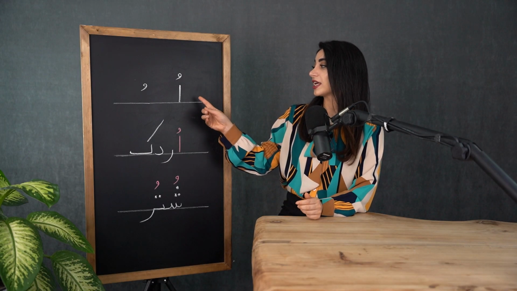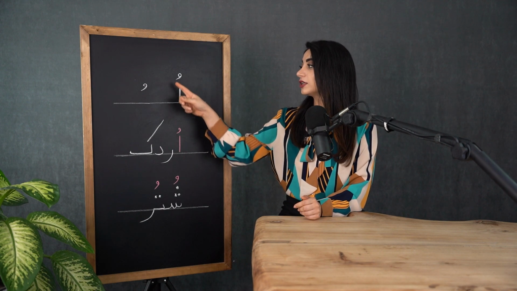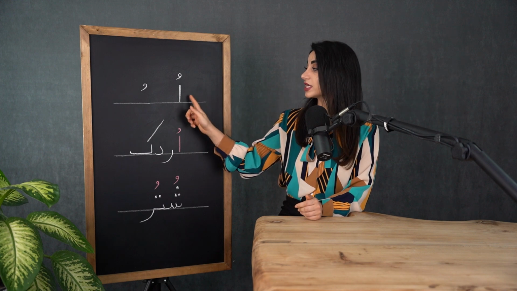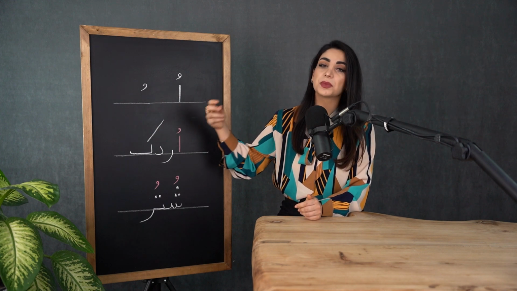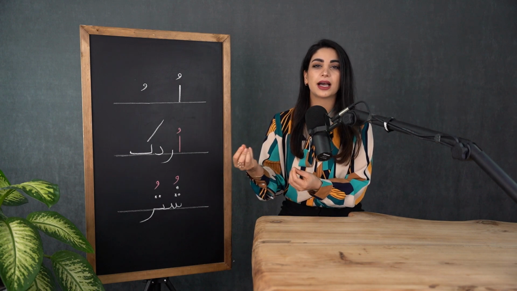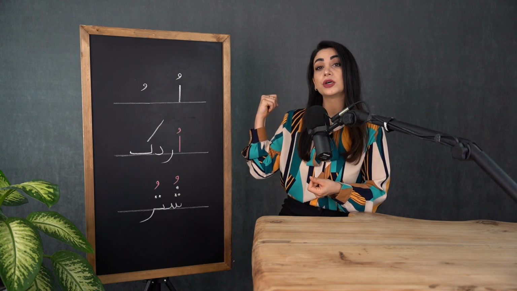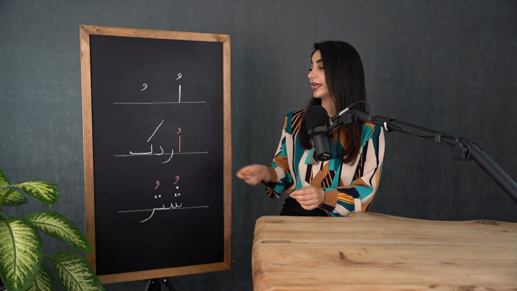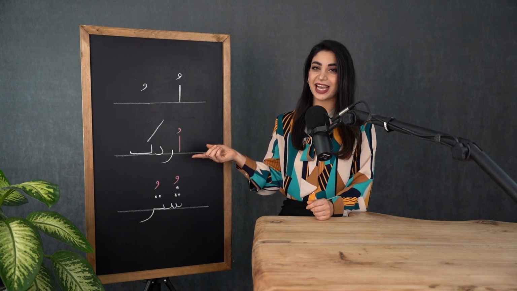For next session, just like before, in one page, one line for this one, write down this one, and another line, this one. Because I want you to practice and differentiate these from those that we had before. And instead of saying duck, we say ordak.